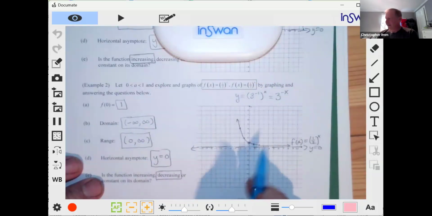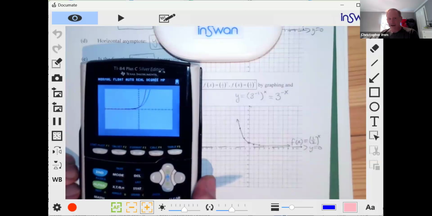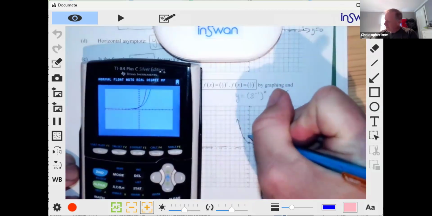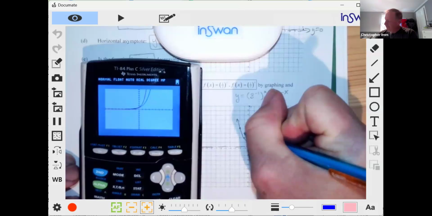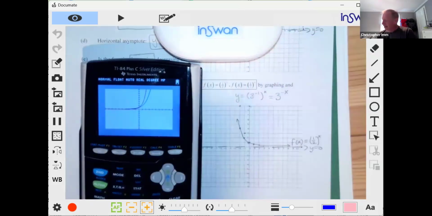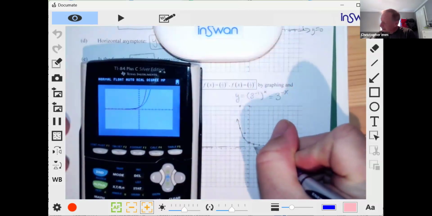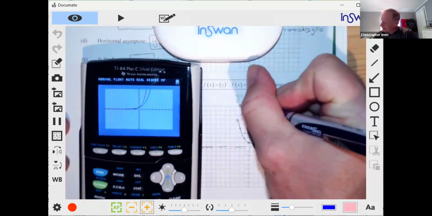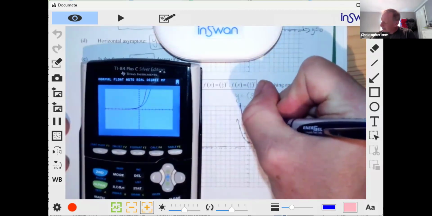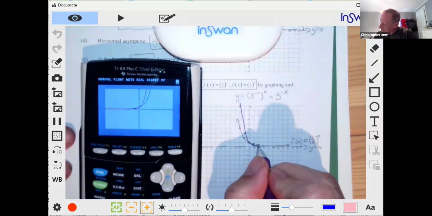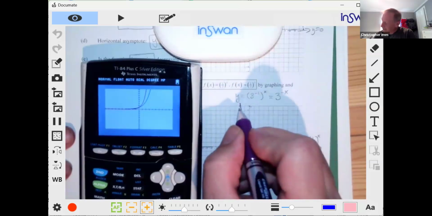So this is just going to be like the 3 to the x we saw on this screen here, but it's going to be negative, so we're going to flip about the y-axis. So everything should be switched over here. I would have (-1, 3), (-2, 9), and I would have (1, 1/3), (2, 1/9). And my function here with the fractional base is going to decrease very quickly to the asymptote.